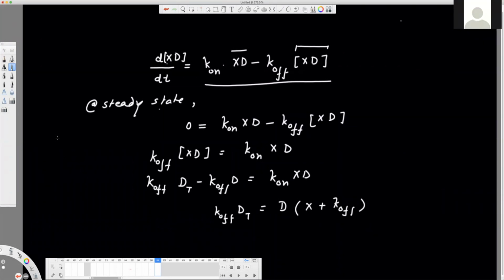Sir, in the last one, won't it be k on into x plus k off? K on what? D whole into k on into x plus. Why would it be plus? The last line. K off dt is equal to the d last into. The last line is K off dt.